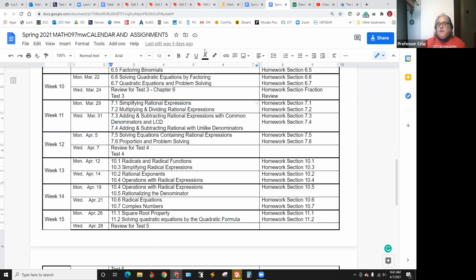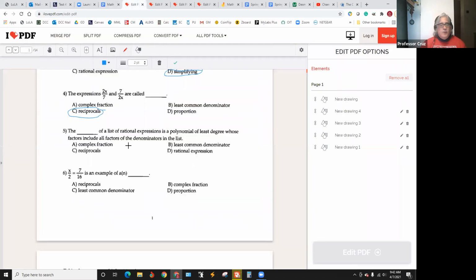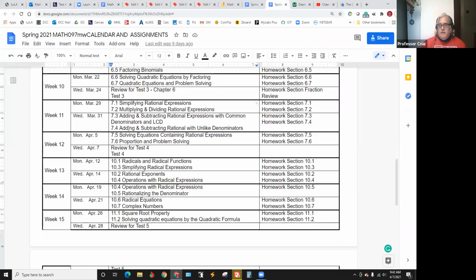So LCD, what we have to do in 7.4, we have to find the least common denominator. And then in 7.5, we also looked at least common denominators, because when we multiply a rational equation by the least common denominator, we lose all the fractions.